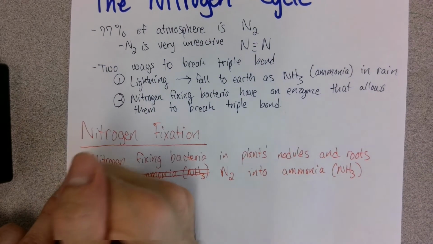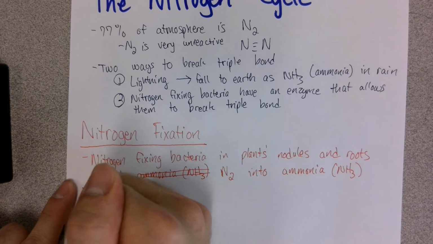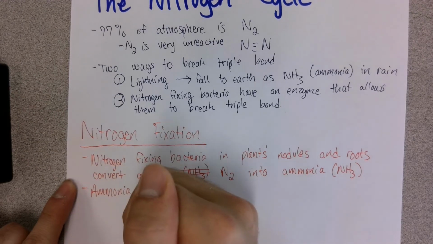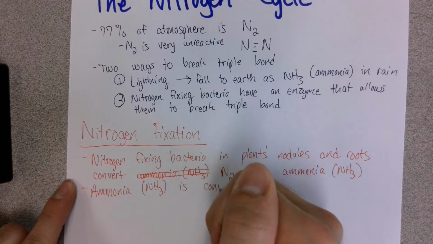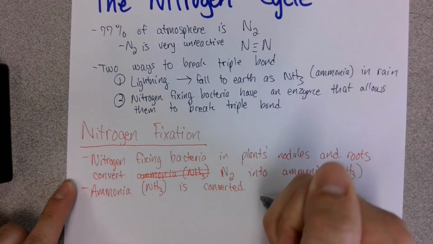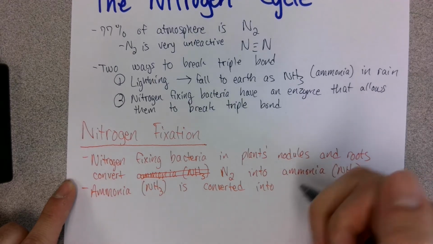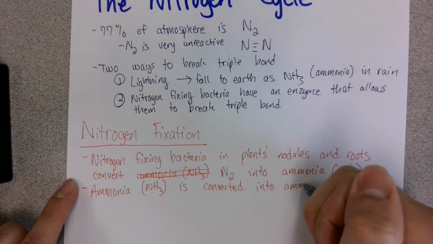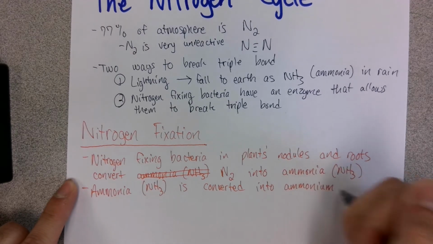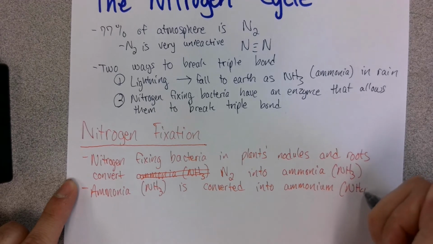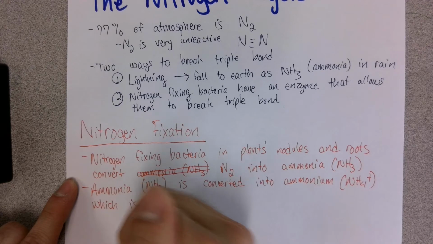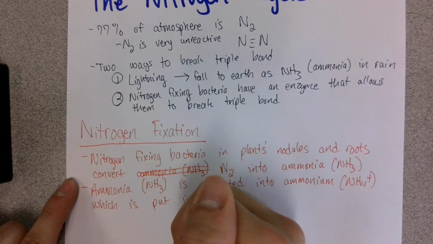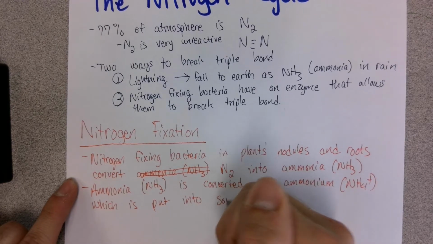Oh, I'm sorry, I wrote this wrong at first. Then ammonia, which is NH3, is converted into ammonium, which is NH4 plus, which is put into soil.